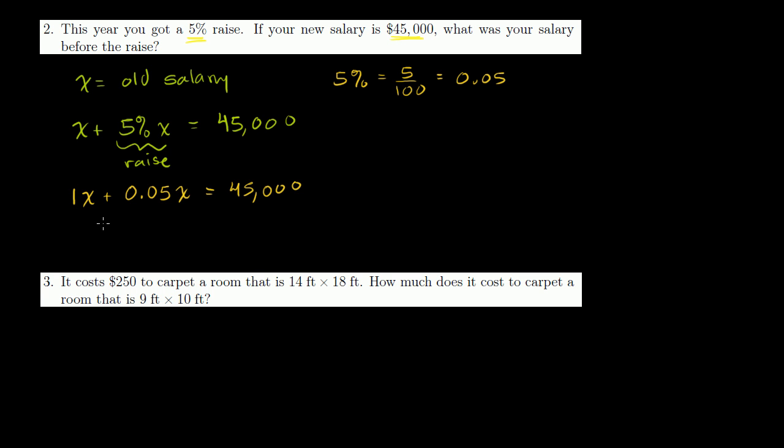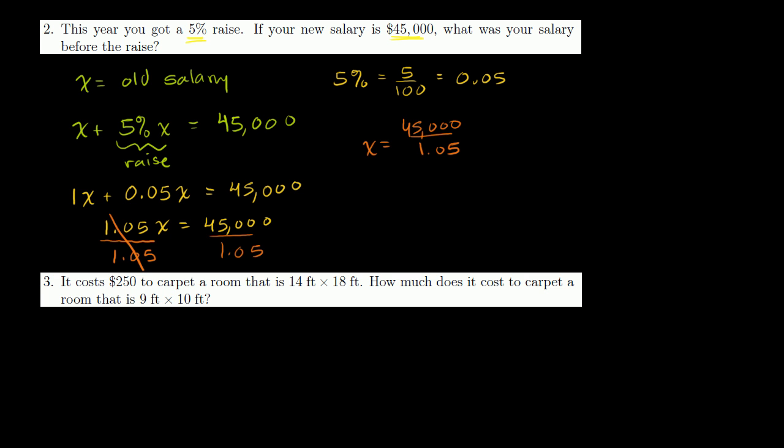So you add those two, you're going to get 1.05x is equal to 45,000. And then to solve for x, we divide both sides by 1.05. These will just cancel out, and we're going to get x is equal to 45,000 over 1.05.